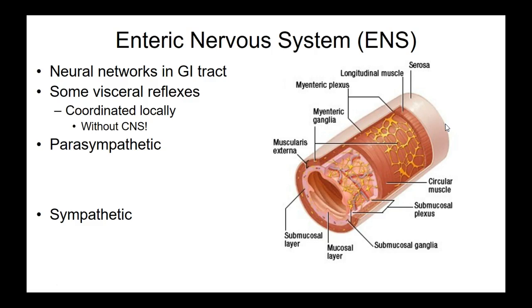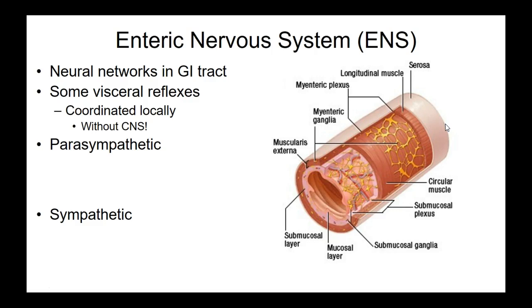And there's reflex arcs that help us with moving food through our digestive tract that don't even go to the central nervous system. So they stay in this plexus here, this enteric nervous system, right? And the control over this enteric nervous system can be from the parasympathetic and sympathetic, all right?